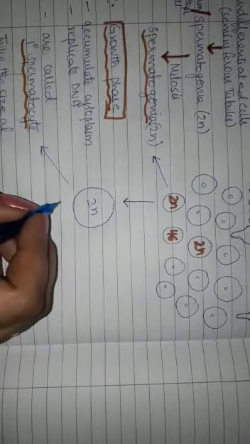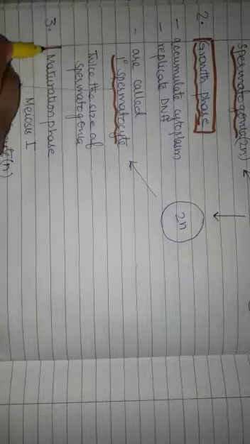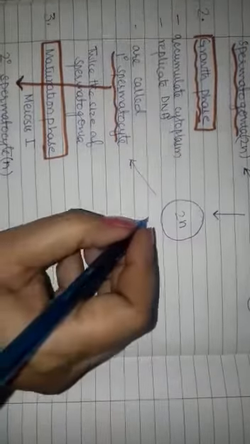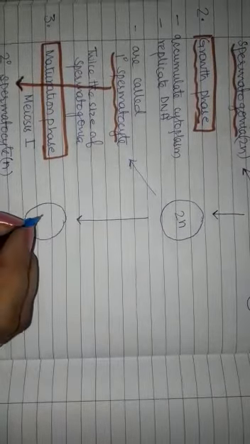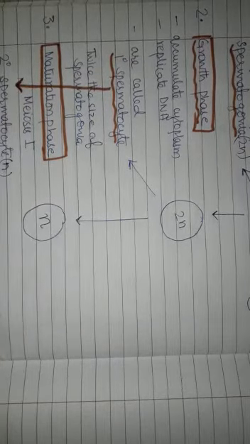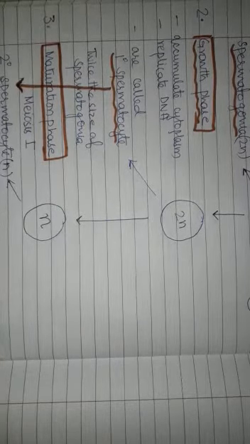Now this primary spermatocyte will undergo the third phase, that is the maturation phase. Primary spermatocyte undergoes meiosis 1 and forms haploid cells which are called secondary spermatocyte.